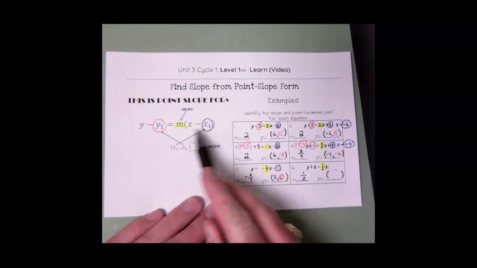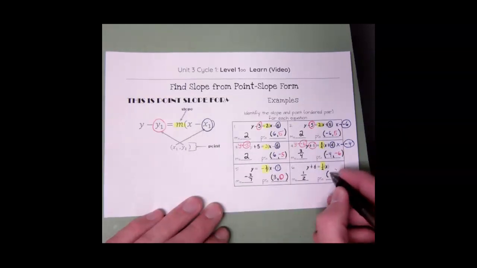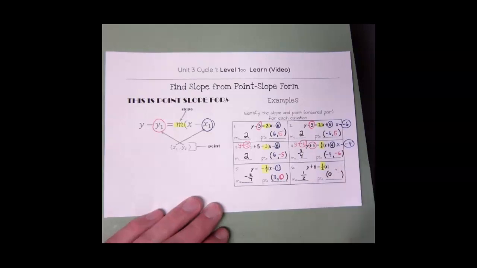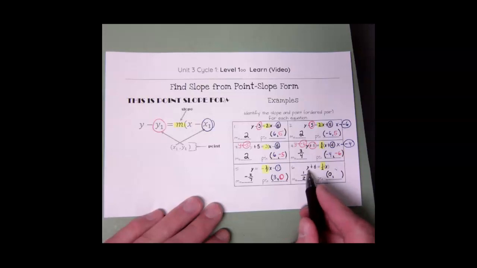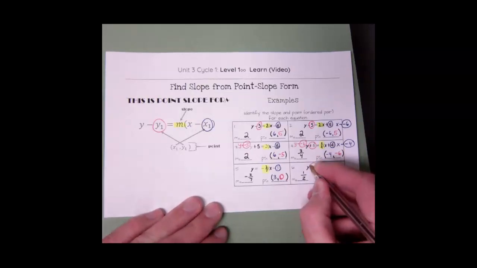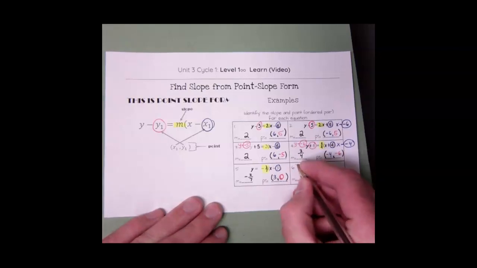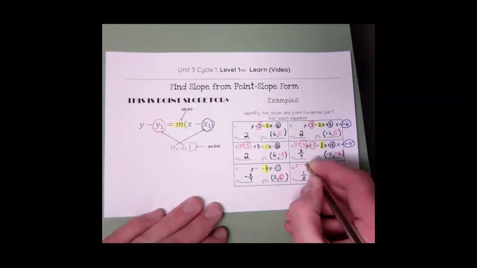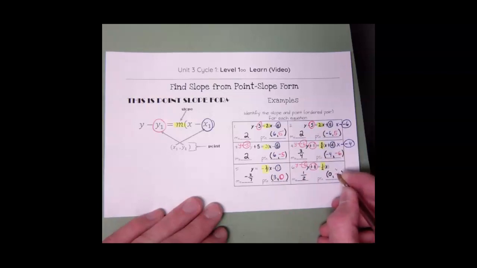No, so there's nothing that I can plug into this equation. So this would just be 0, comma, and then here, y plus 6. So remember, this is plus 6, so it's really more like y minus negative 6. So this is your real value. So 0, negative 6.